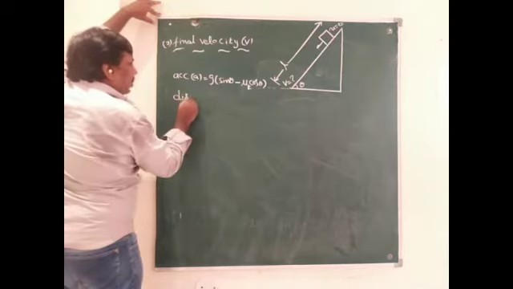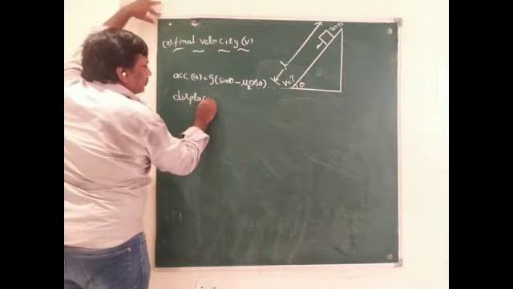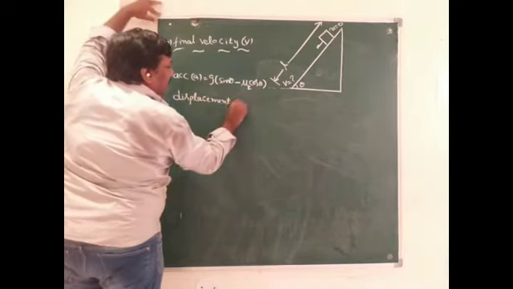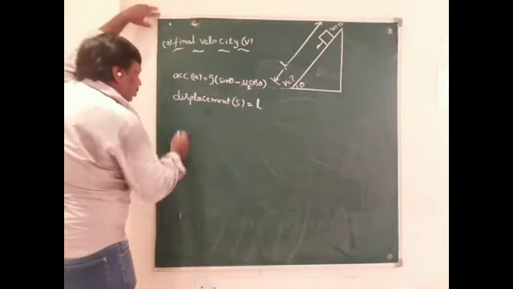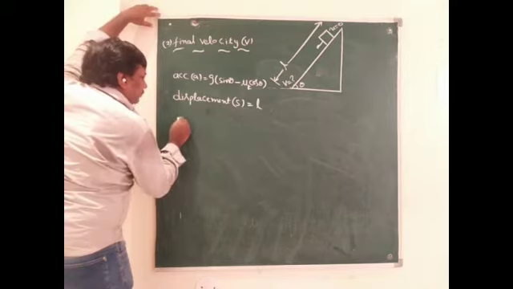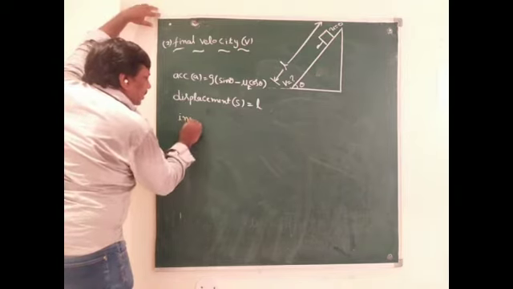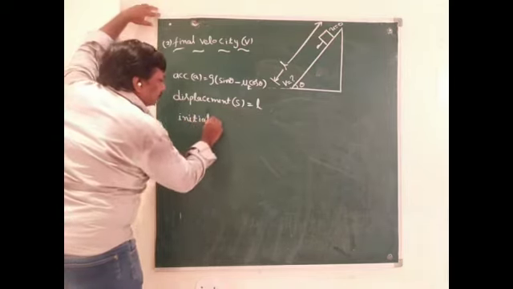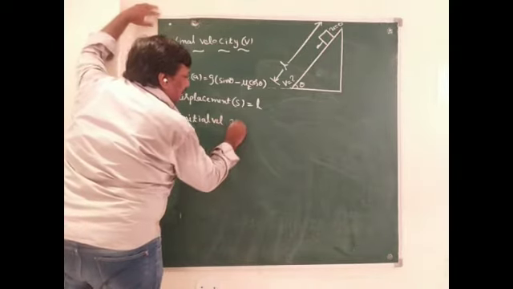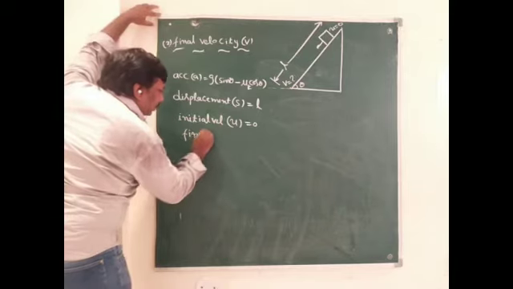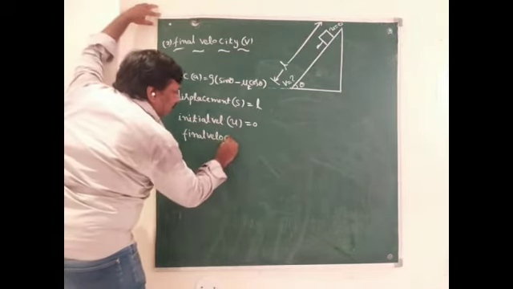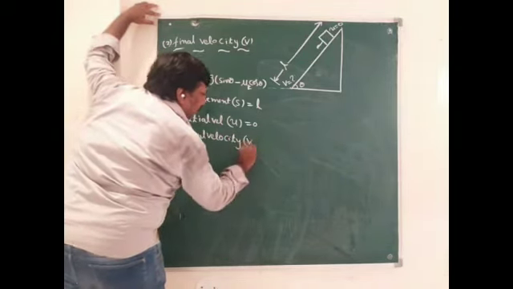The displacement covered by the body is s equal to L, and the initial velocity u equal to 0. So we can find out the final velocity v.